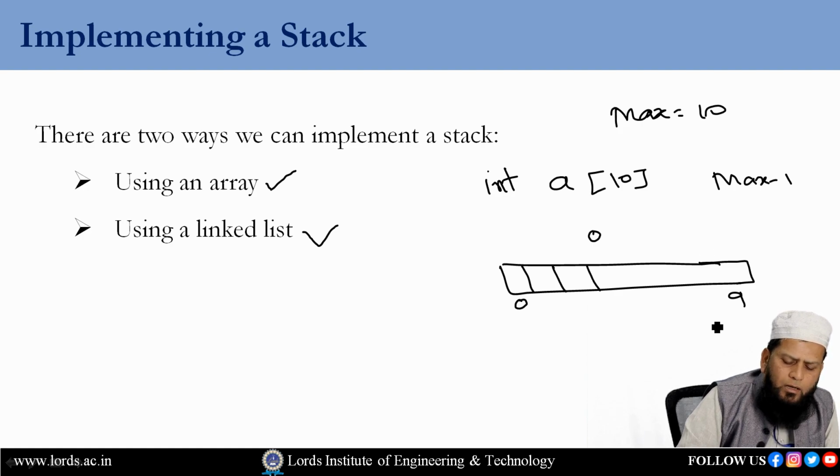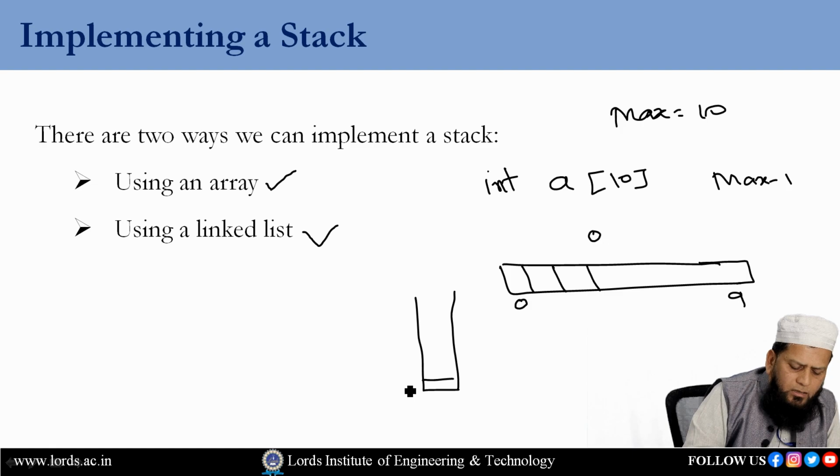Now if we turn this array into the form of a stack, we rotate it in the upward direction, and you can see we can represent the stack in this manner. The 0th index will be here, then the first index, second index, up to the 9th index. This way we can represent the stack in a logical fashion.